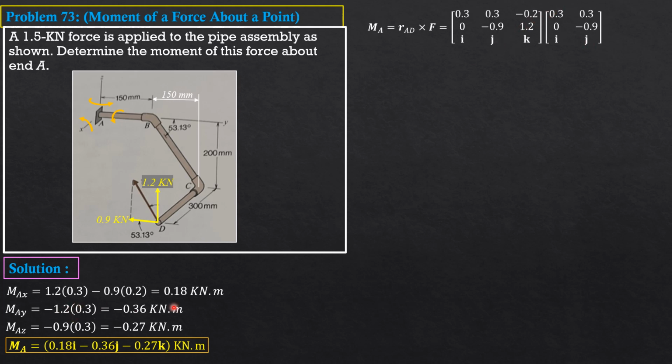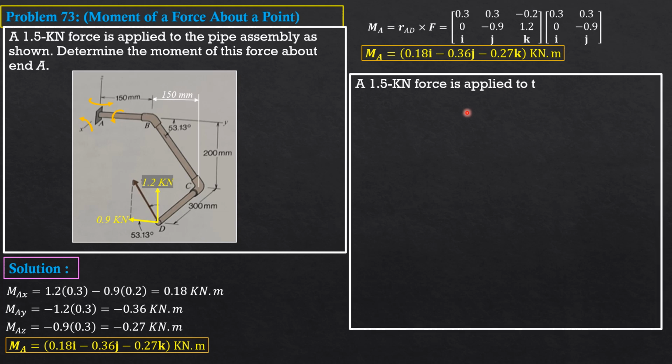Minus 1.2 times 0.3. So it checks. Then along K, negative 0.3 times 0.9 minus 0. So 0.3 times negative 0.9. So it's the same in this. Therefore, the answer moment A is quantity 0.18I minus 0.36J minus 0.27K kilonewton meter.